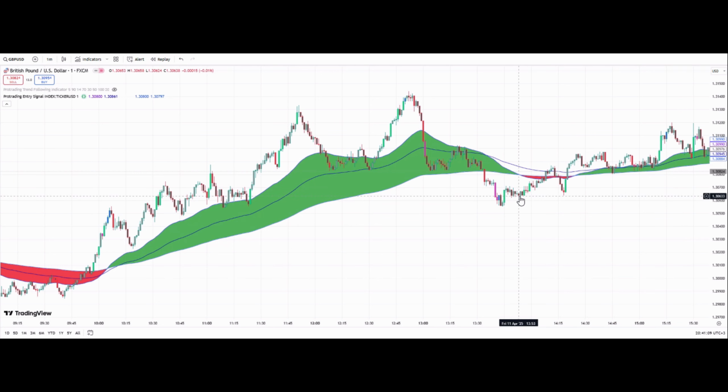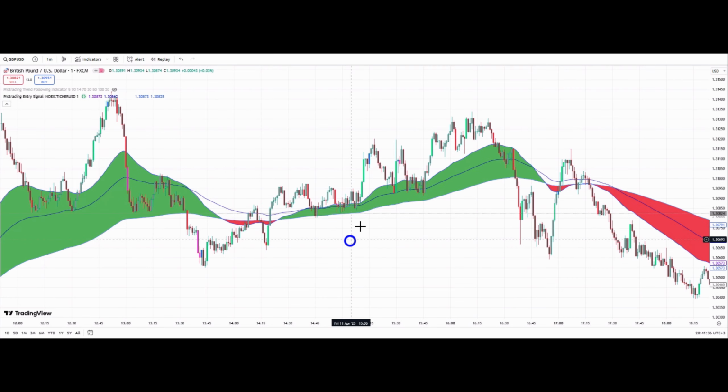Here we have a signal at this point, and this signal was not triggered because price did not close below it. But here we have a signal, and this signal at this point was triggered here. So the signal was triggered here, and here will be our stop loss. You see in this particular market, the market moved in our direction, and our 1.5 must have been captured.